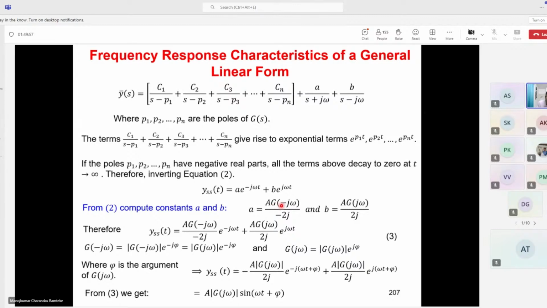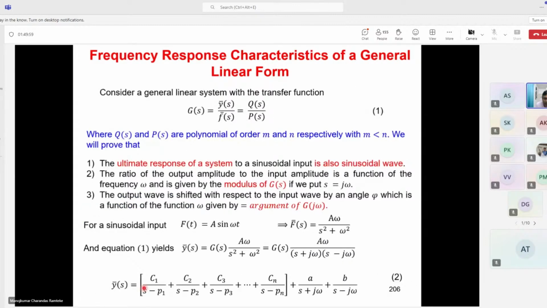So see, this entire term will be equal to this term, isn't it? Now I can multiply this entire term by s plus j omega. So what will happen to the left hand side? In the left hand side, this s plus j omega will get cancelled out, and here I will have only the term associated with A when I put s equals to minus j omega, isn't it?